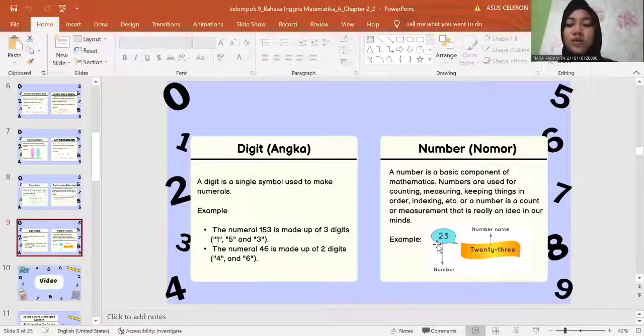Numbers are 1, 2, 3, 4, 5, 6, 7. It's a number.